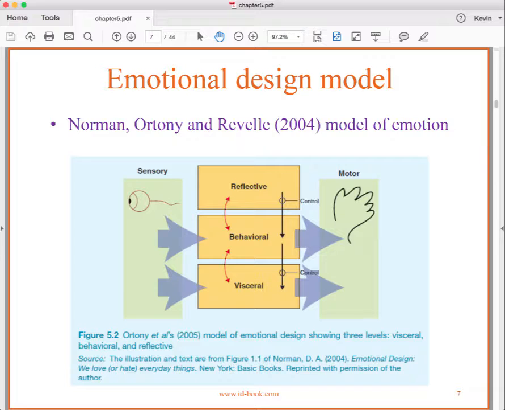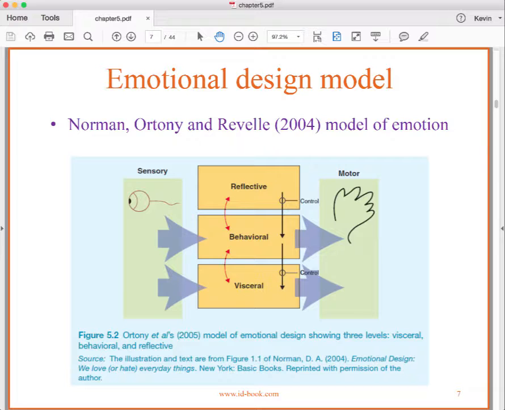We can have visceral, which is just reactive. Okay, we're just boom. Emotional reactions. We have behavioral, which we have some sensations, and that leads to certain feelings, and allows us to get in touch with certain motivations, and then we behave.